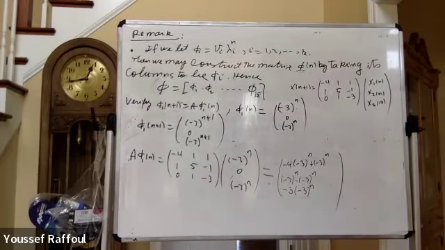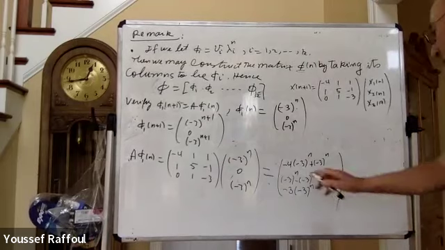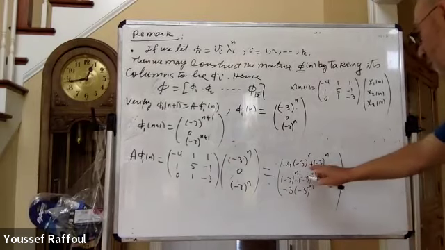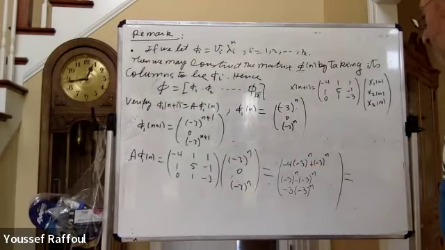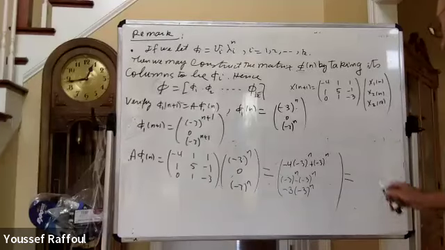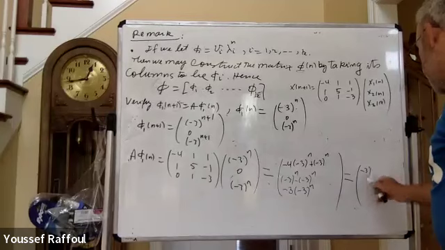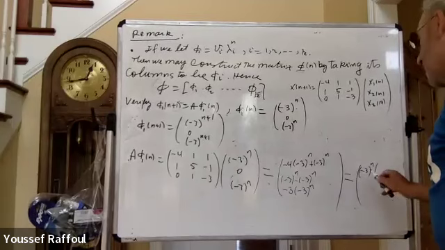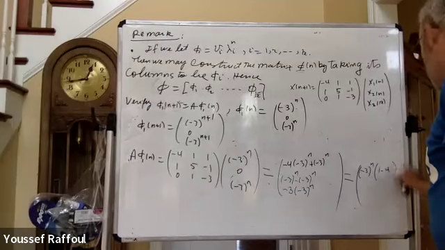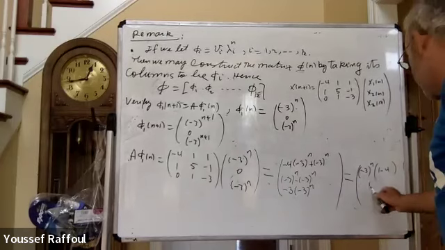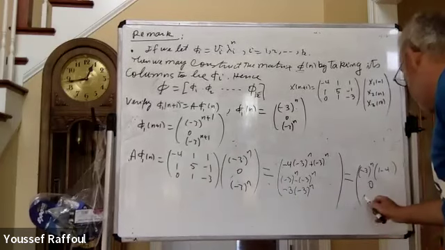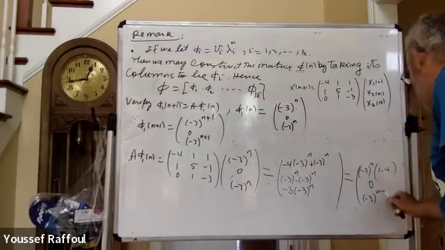If I factor -3 to the n out, I'll get 1 minus 4, and I get 0, and -3 to the n plus 1.